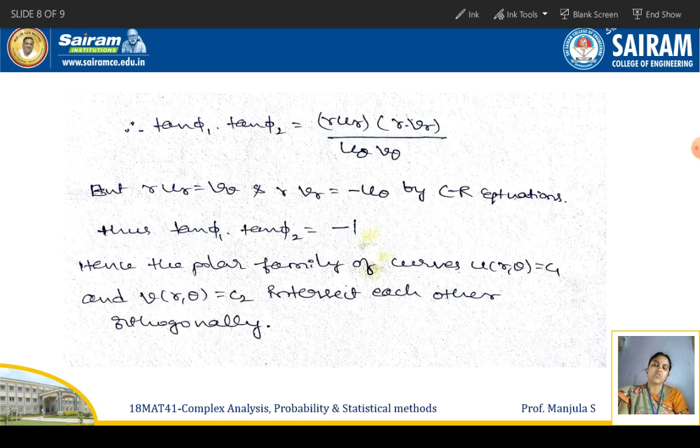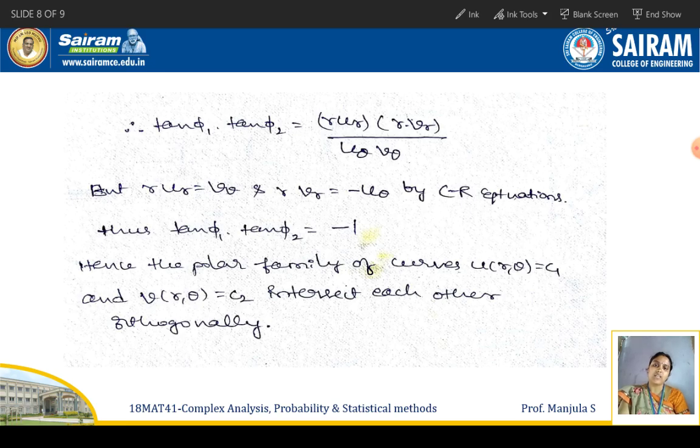Substituting them, the expression can be written as r into ur, r into vr, divided by u theta into v theta. But the CR equations in polar form are r into ur equals v theta and r into vr equals minus u theta.